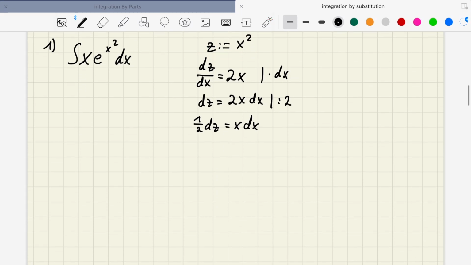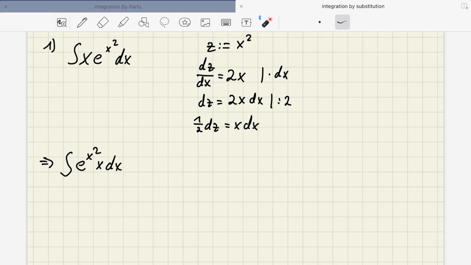All right, so we go from this integral to the following. I'll write it the other way so it gets a little bit clearer: we have here x dx, and this is equal to 1/2 dz.